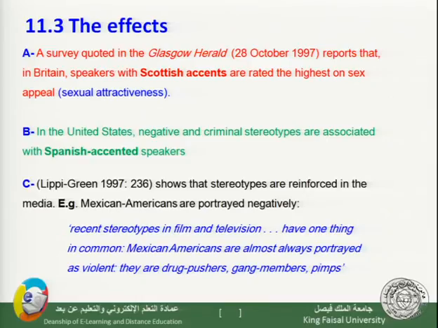So the idea behind this is that our stereotypical understanding of people, unfortunately, is sometimes stressed and emphasized in the media. Sometimes the media concentrate on a stereotypical preconceived analysis of people. And the example that Libby Green gives us here is that people of Mexican American origin are always reported as being violent, as behaving negatively, as being drug dealers, gang members, pimps, etc.